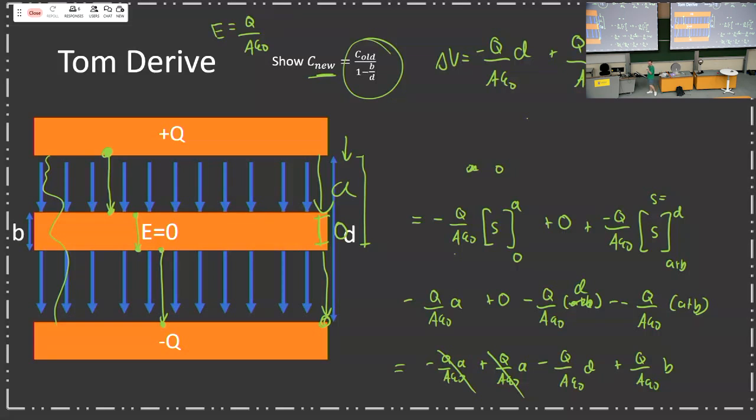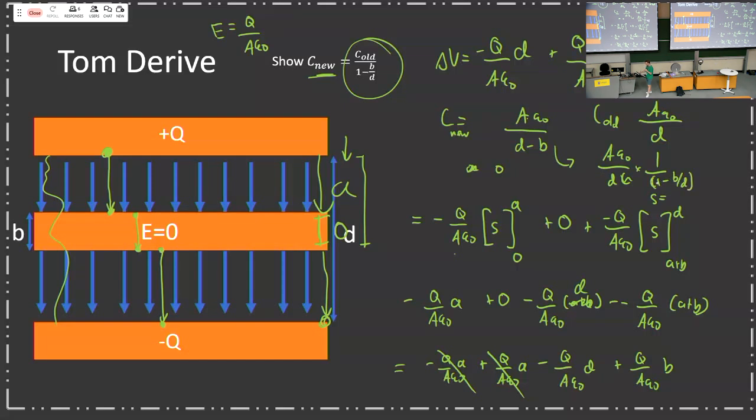All right. Anyway, and then we go, well, okay, the capacitance therefore is this over q, so we get a epsilon naught over d minus b, and then that's the new capacitance. The old capacitance was a epsilon naught over d, and so we take this one and we take d out the front, we go a epsilon naught over d outside of 1 over 1 minus b on d.